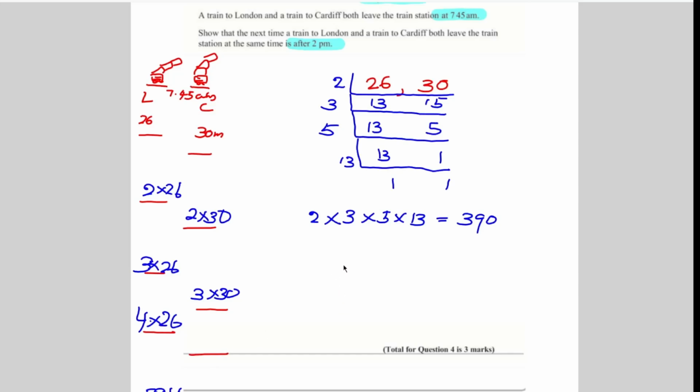So let's figure out how many hours are inside this 390 minutes. To figure out how many hours are inside this one, we need to divide by 60.